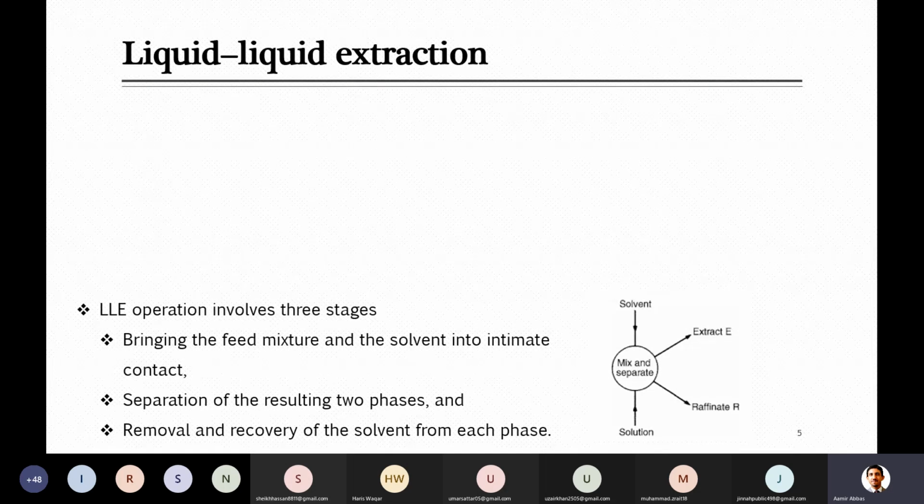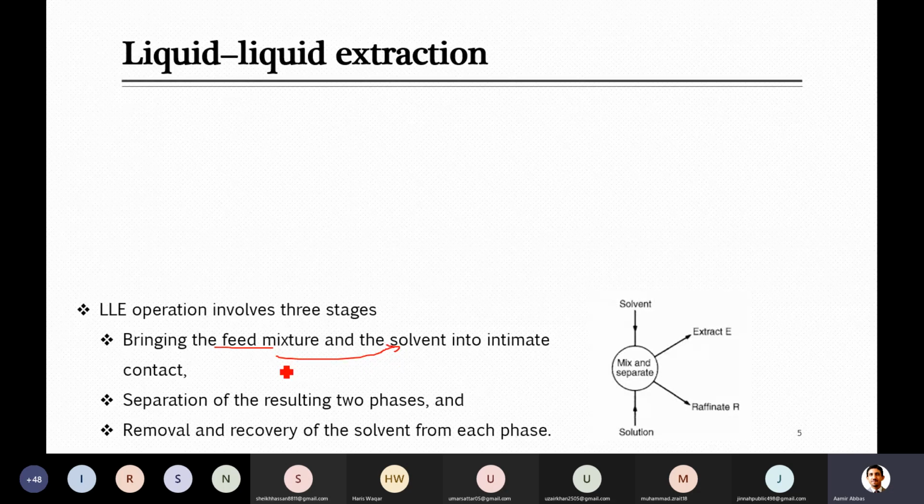When you bring them in contact, you have to mix them and then give them some time for the separation of 2 phases. During mixing, some components of the feed will be transferred towards the solvent, and it will still look like a homogeneous mixture, but later on you have to separate it into 2 phases.